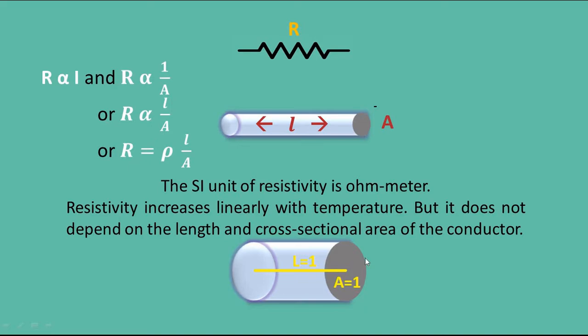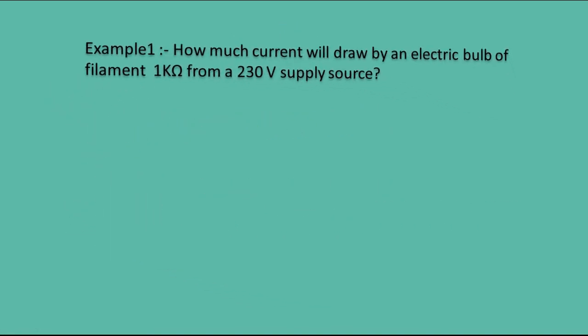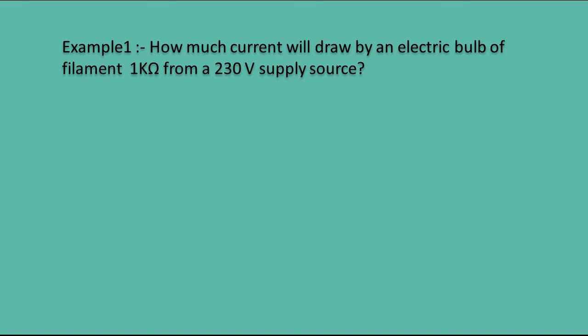Now let us understand more through a few examples. Example 1. How much current will be drawn by an electric bulb of filament 1 kilo ohms from a 230 volt supply source?